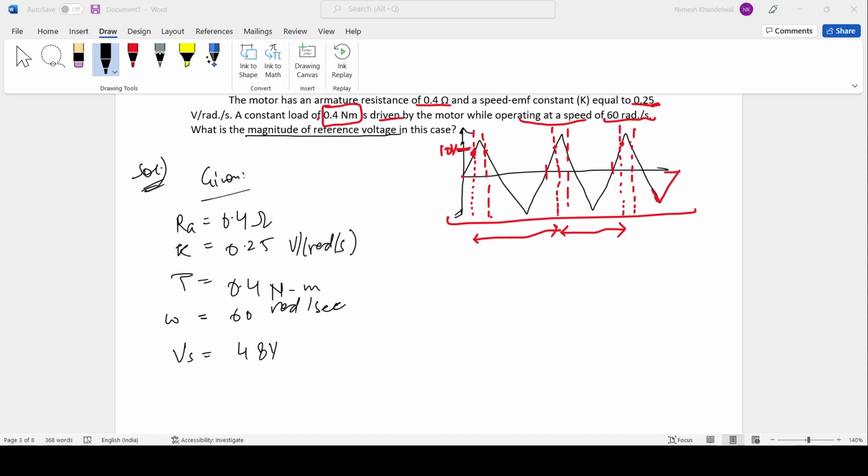What we actually need to calculate is the magnitude of the reference voltage. Essentially we need the modulation index, or what we have been calling the duty cycle.